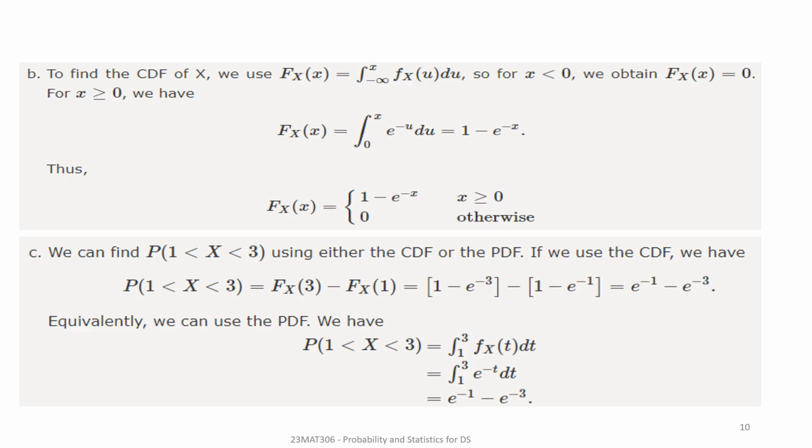When we substitute and integrate, we get the value as e to the power minus 1 minus e to the power minus 3. Similarly, we can also find the same result using the cumulative distribution function, that is the difference between the values at a and b, that is F of 3 minus F of 1. So either of these methods gives the same value.